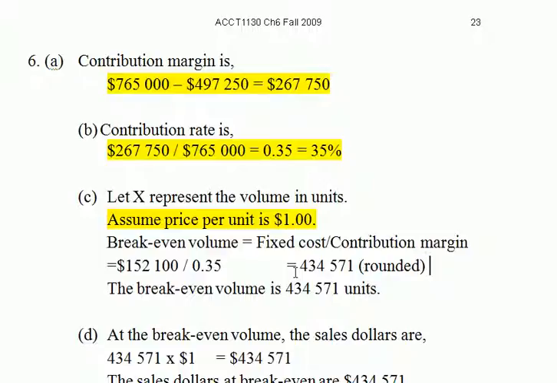So we divide the fixed costs by that contribution margin, and therefore we find that we would have to sell 434,571 units at $1 each to pay off the fixed costs and therefore break even. So once we've paid off the fixed costs, we've broken even, and what we get after that is profit.